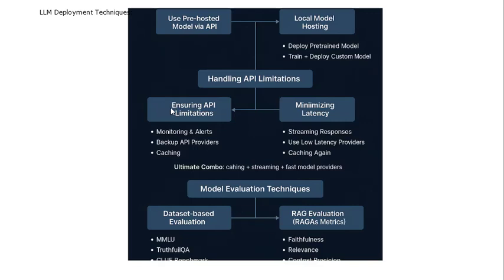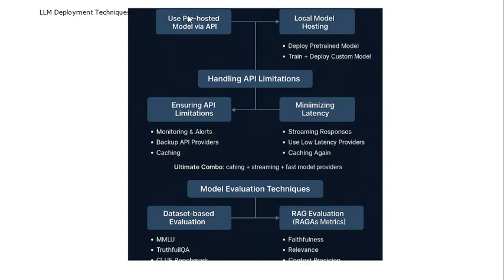In order to maintain the uptime of our servers, we need to maintain these three things. Whereas for minimizing the latency, for low latency, that means fast responses to provide to our client, we need to maintain these things. So these are the major limitations that we face while hosting a model. And these are the three techniques for deploying our LLMs.